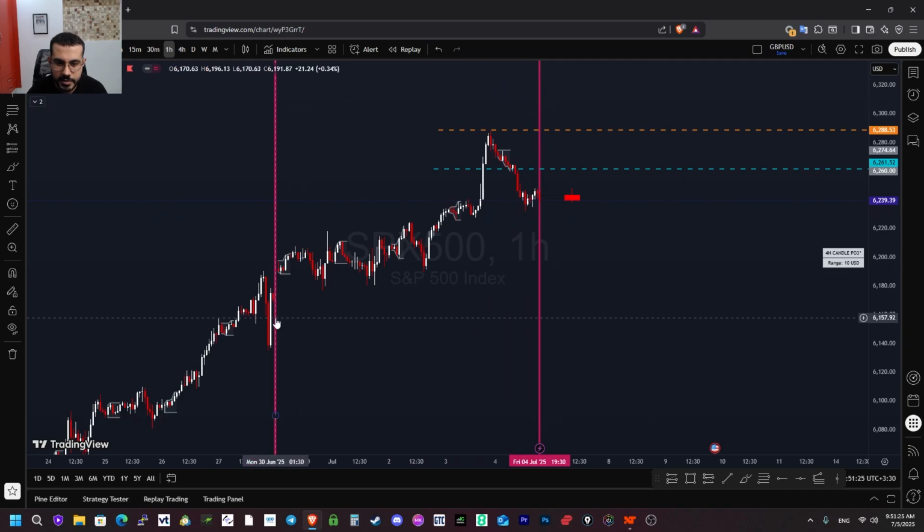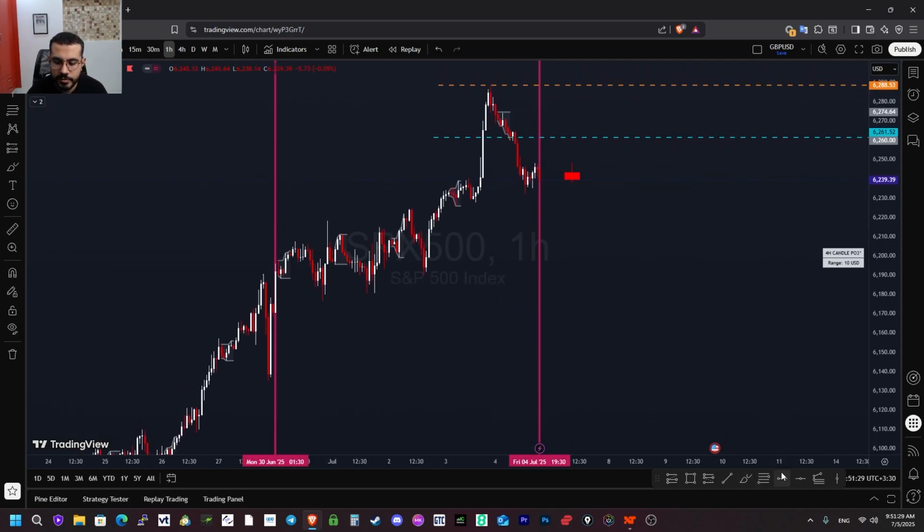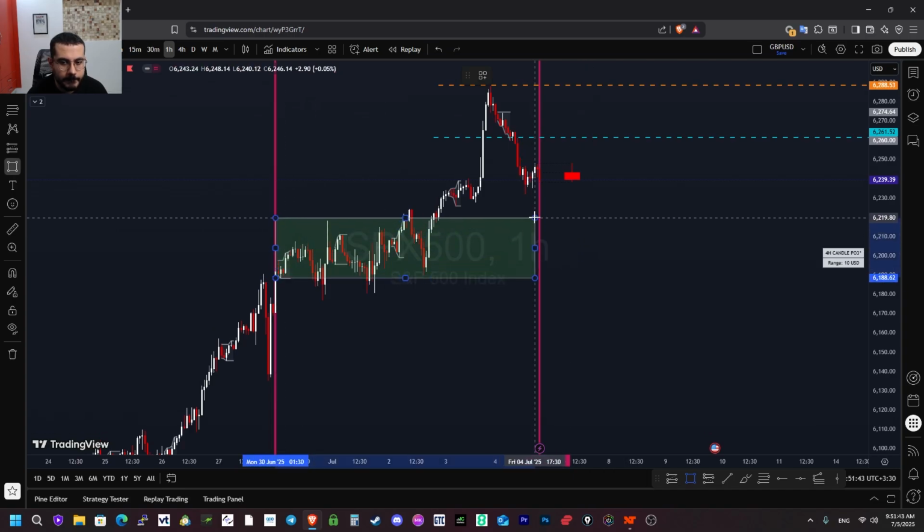Okay, this is the entire week. You can also make a value area for that. If I want to make it based on futures chart, it's gonna be something like that. Yeah, something like that.